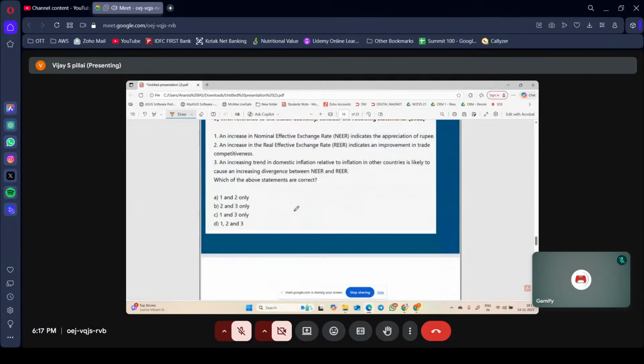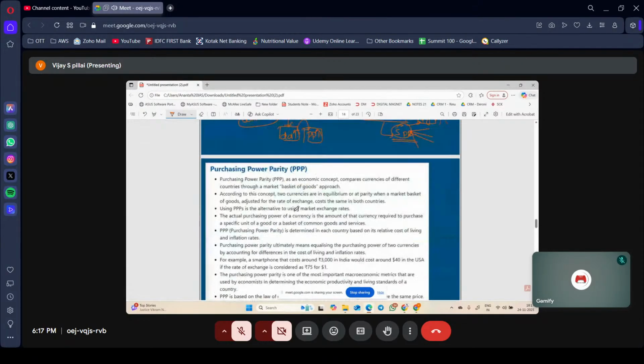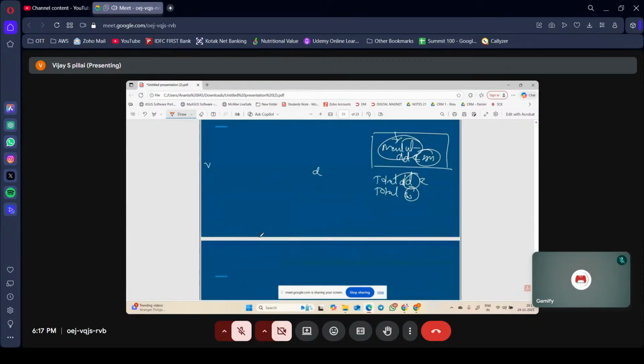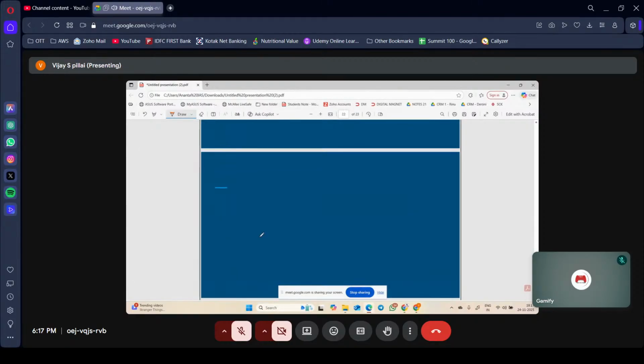Okay, now we have to discuss purchasing power parity. Purchasing power parity is an economic concept that compares currencies of different countries through a basket of goods approach. Without the definition, we will just try to understand it in a practical sense.